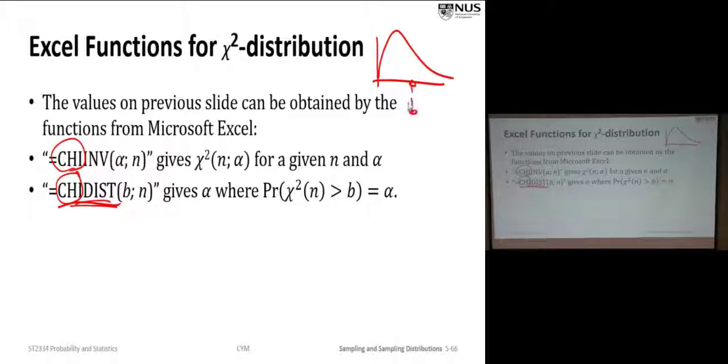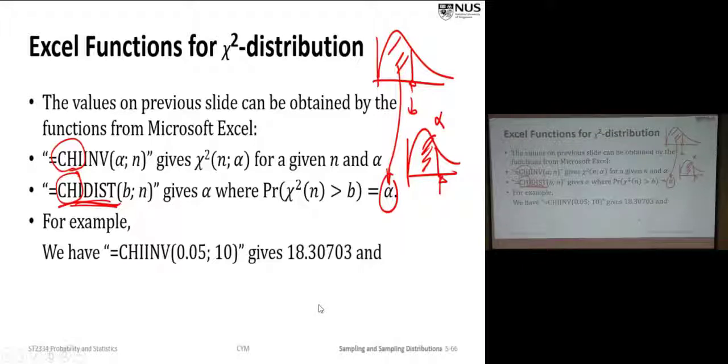Given this value, it will give you the answer alpha, while this statement is to give this part as alpha and get this answer. The inverse, so it's a quantile thing.